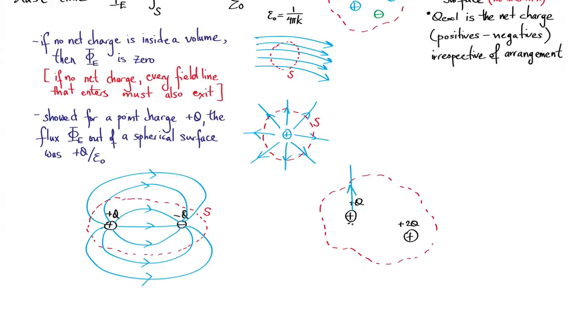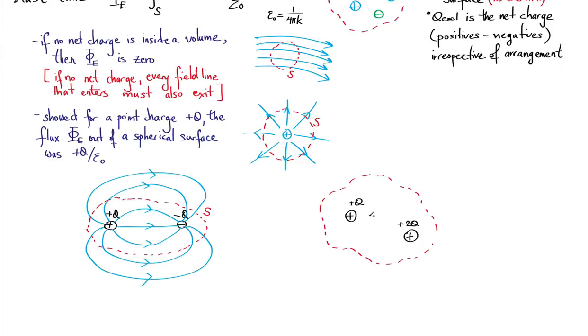I'll draw, let's say, 4 field lines for this charge here. And, well, let me back up, because if I start drawing them here, they'll cross.